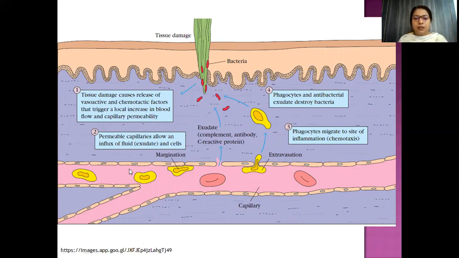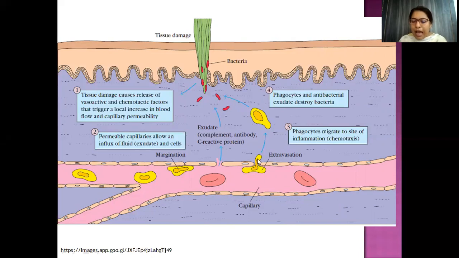After that, capillaries are made of a very thin layer of cells. In this thin layer of cells, there are some phagocytic migrants that move towards the wounded area through the action of diapedesis. Here you can see this yellow cell is a phagocytic cell like a macrophage or monocyte.